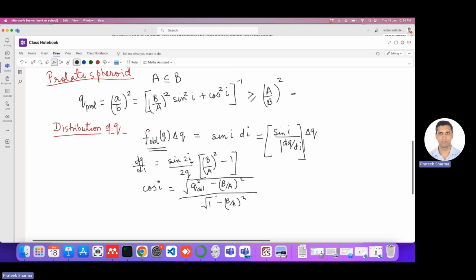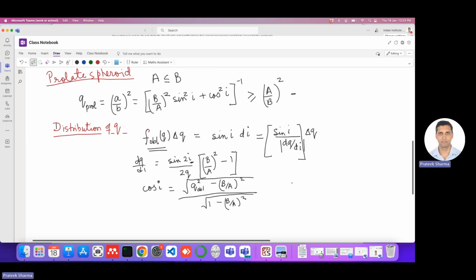So again, consistency check. When I equals 0, Q oblate should be 1, which makes sense. When I equals pi by 2, Q oblate is B by A. So yeah, that sort of makes sense.